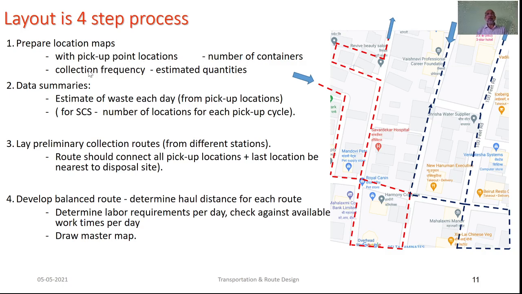We can broadly think of the guidelines available for the collection frequency as well as the estimated quantities. By studying this particular factor, we can create the data summaries. So we can estimate how much waste is required to be collected for each day for that particular location.